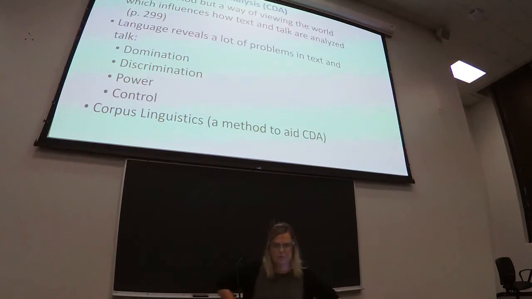It's based on the idea that there is no objective way of looking at things, that everybody has a bias. The researchers have a bias too, and very often critical discourse analysts reveal their bias in the beginning. Because we can kind of tell what the bias is.